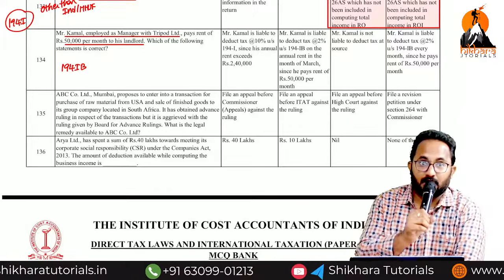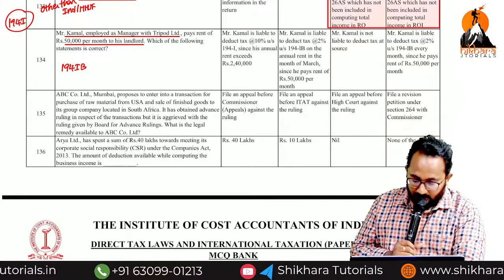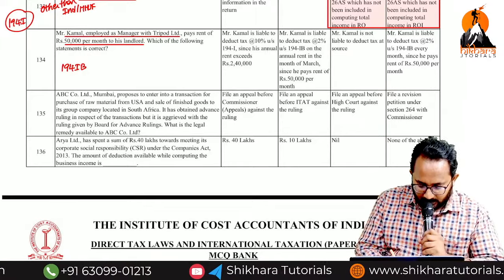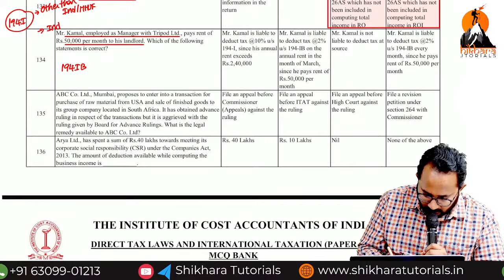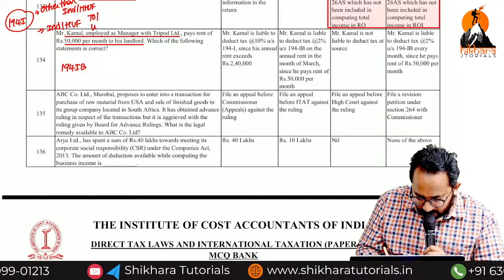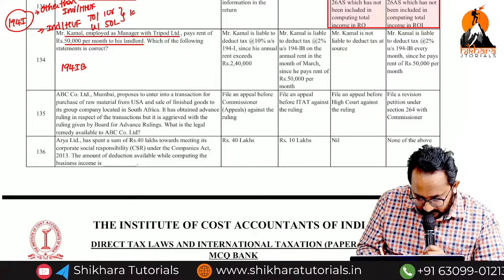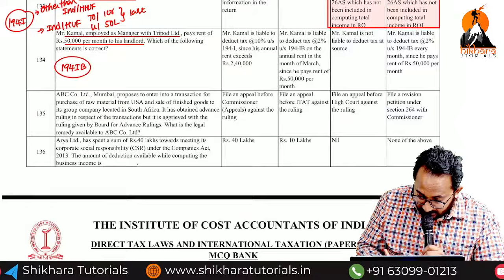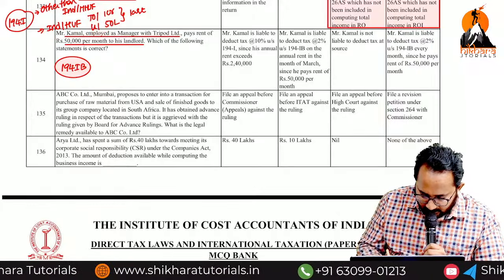Now 194I applies if the tenant paying the rent is other than an individual or HUF, or is an individual or HUF with turnover more than 1 crore, or gross receipts more than 50 lakh in the last year. Kamal is not covered in 194I. Why? He is an individual or HUF, turnover and gross receipts not applicable, he is a salaried employee.